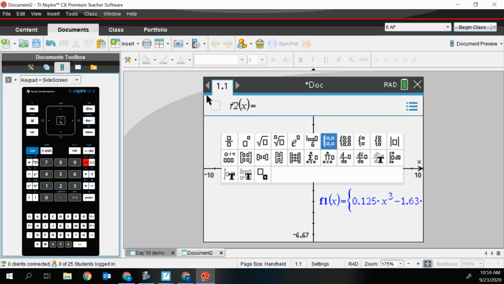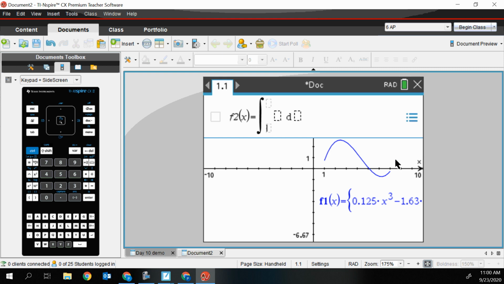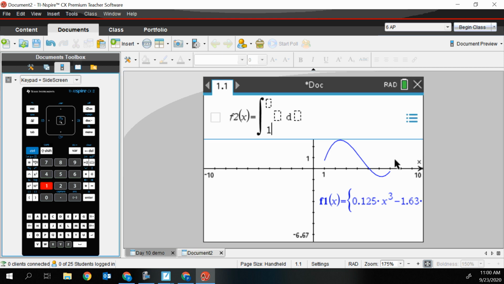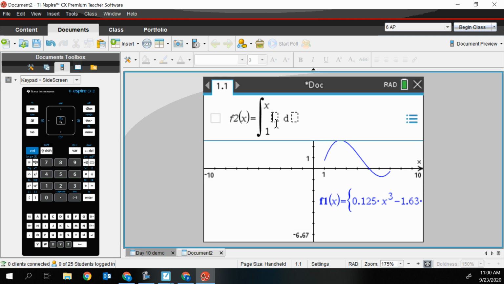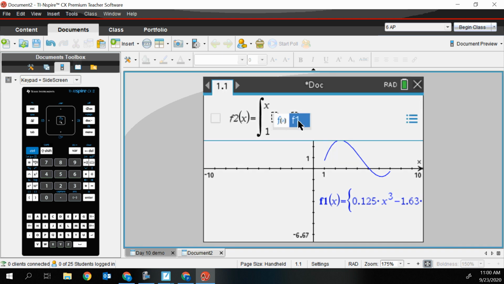So your integral template. Now, I think on mine it's in the second row, but on your guys it's in the third row. So we're doing the integral from 1 to x. And our graph of the original function was an F1. If you hit the variable button that's above the 9, you should be able to select F1, or you can just type in F1.